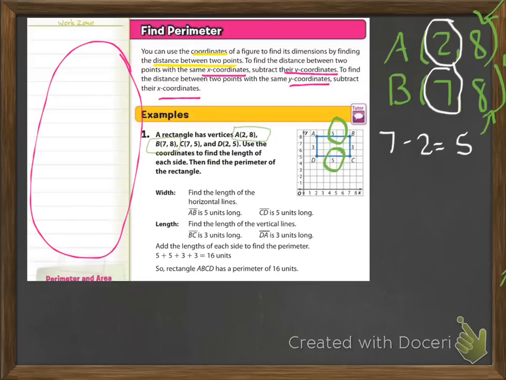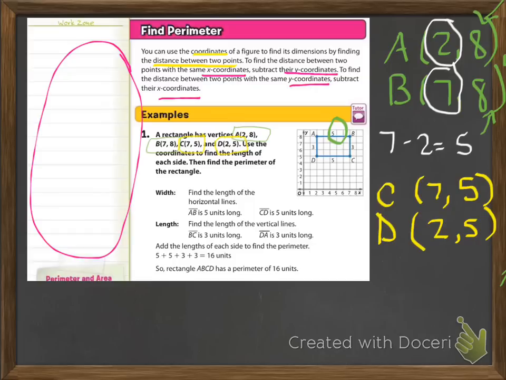So let's look at the next set. Now we're looking at the points C, which is (7, 5), and D, which is (2, 5). Let's write that over here to the right. You're going to notice that I erased the bottom green circle on purpose, because that circle goes with the AB line.